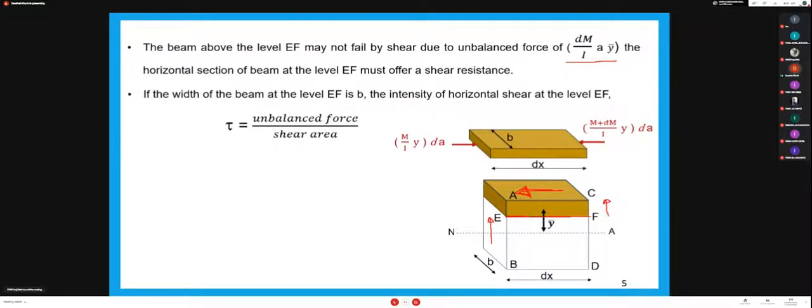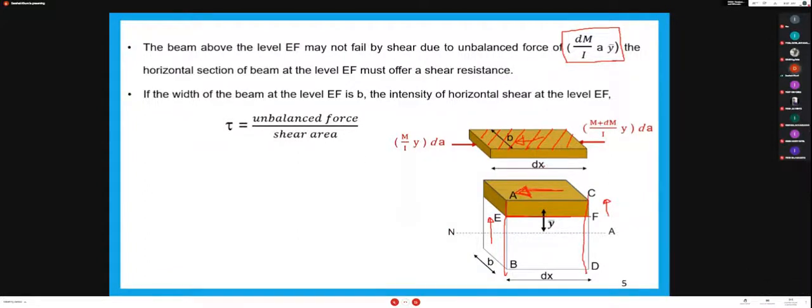So now this total unbalanced force, for which we have considered this area to find the shear stress, is dM by I into A into y bar, and the total cross-section area is known as the shear area. So the unbalanced force divided by the total shear area is the shear stress. The width is B and the length is dx, because we have considered the sections AB and CD at a distance dx.